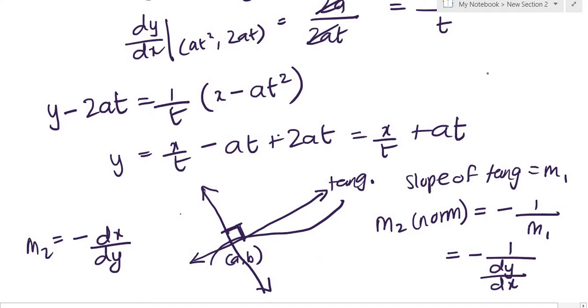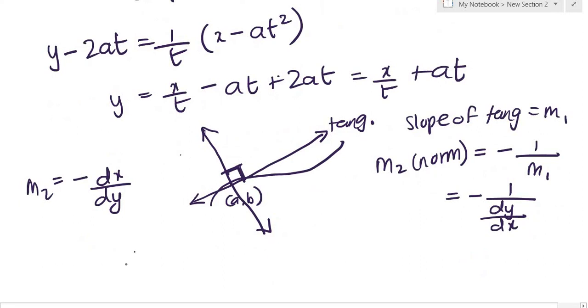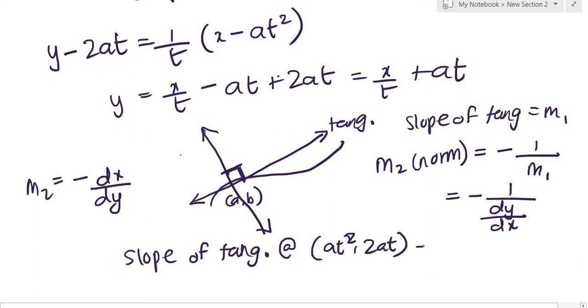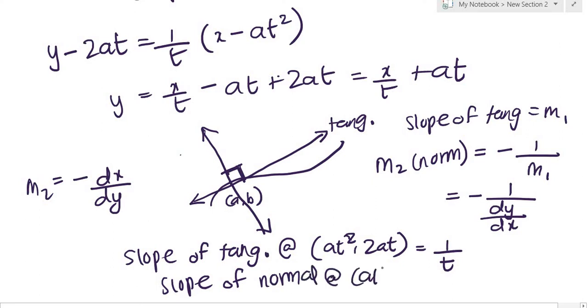And in our example, the slope of the tangent at 2at squared comma 2at is equal to 1 over t. So the slope of the normal at the same point is basically flip this and add a negative. So when we flip this, we have t and a negative, so negative t.